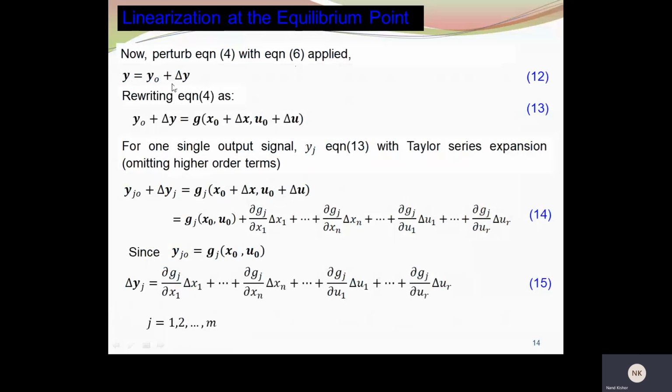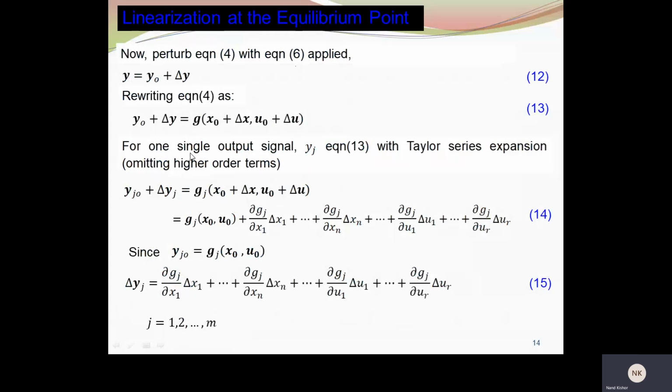So we have it here by equation 12, and then we can write equation 4 as equation 13. Here again it is a nonlinear function of the new state variable and new input variable.